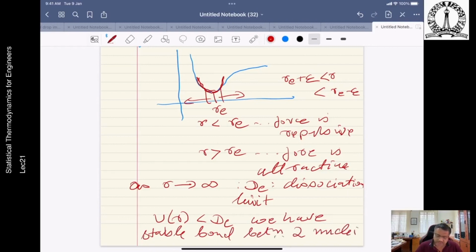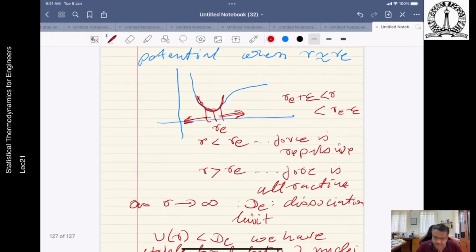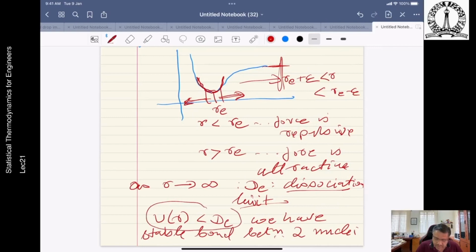You understand the thing, right? Here it is repulsive, here it is attractive. If you go beyond a certain level, around here, it leads to the dissociation limit. When your potential energy is much less than dE, we have a stable bond between two nuclei. When you supply excessive energy, you carry the risk of dissociation.